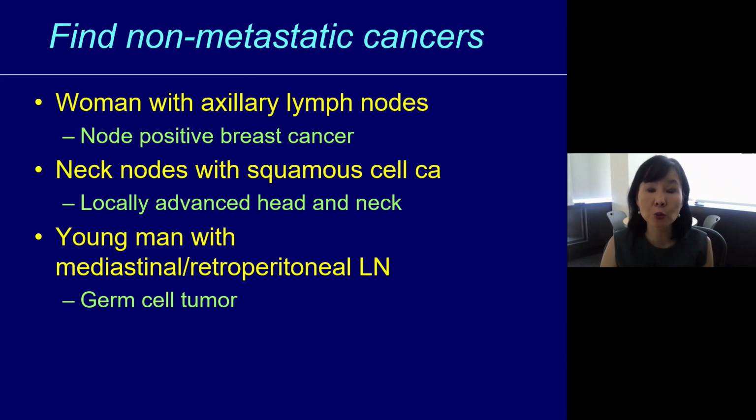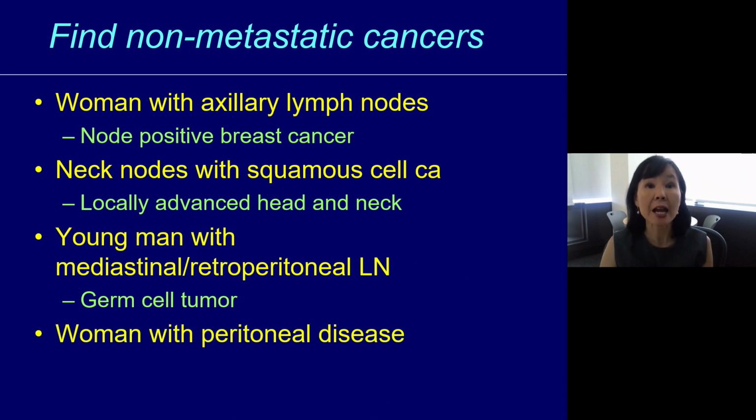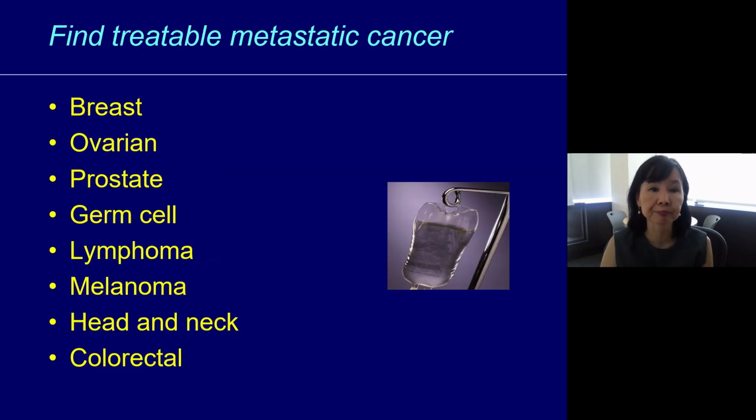A young man with a mediastinal or retroperitoneal lymphadenopathy, like I just described, is a germ cell tumor. And then finally, a woman who presents with peritoneal disease, that is a stage 3 ovarian cancer. So these are 4 clinical scenarios that are important to recognize immediately when you think of cancer of unknown primaries.